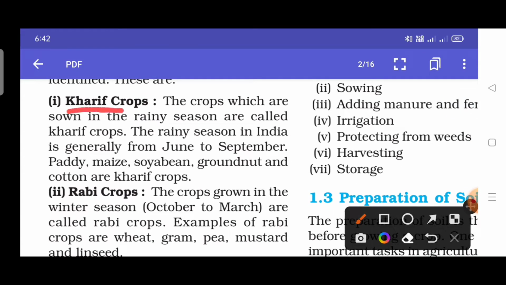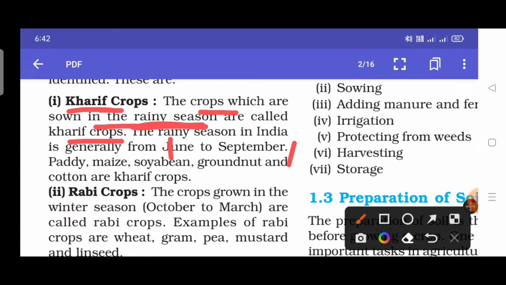First one is kharif crops. These crops which are sown in the rainy season are called the kharif crops. The rainy season in India is generally from June to September.